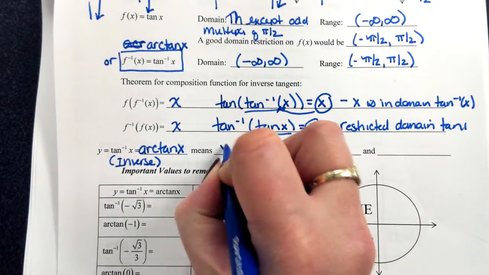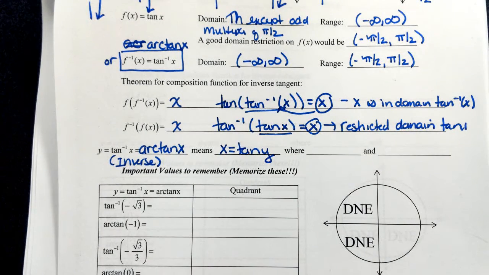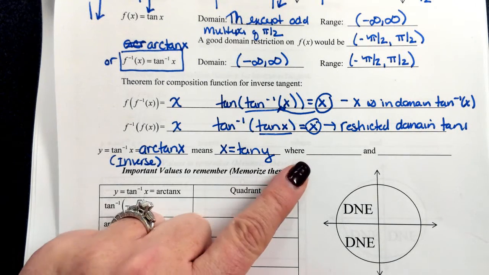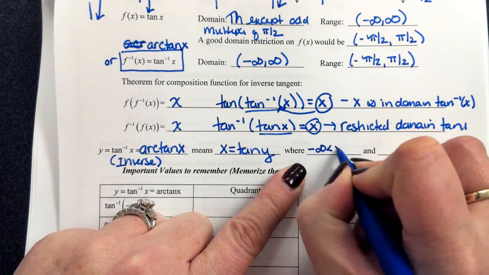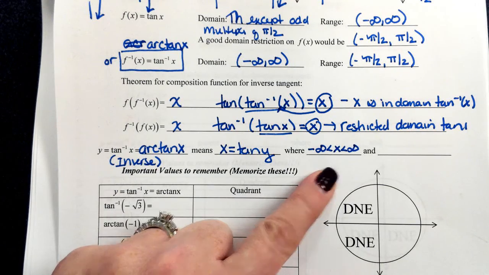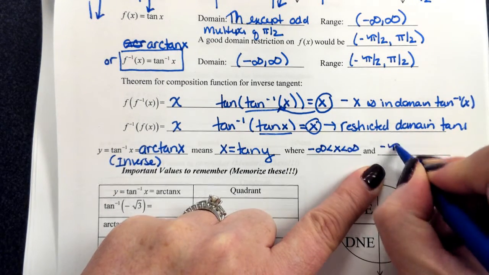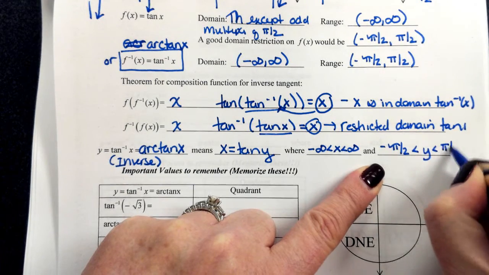And remember, because it's an inverse, we switched x and y. It means x is equal to the tangent of y. Instead of writing y equals tangent of x, it's x equals tangent of y. The domain for your inverse tangent is all real numbers. The range, remember, is negative pi over 2 to pi over 2.